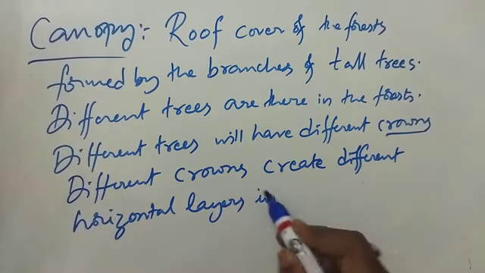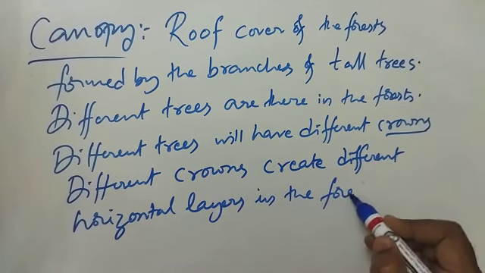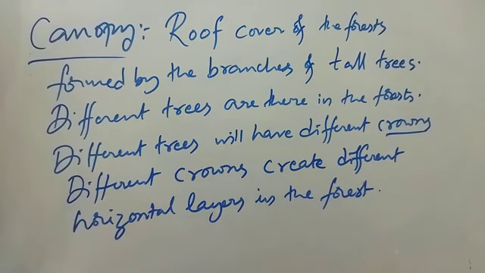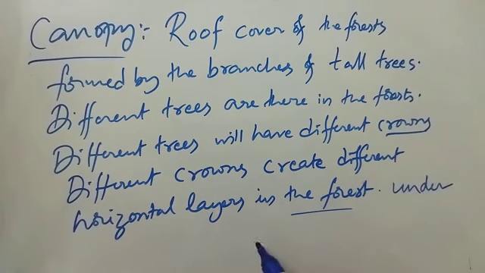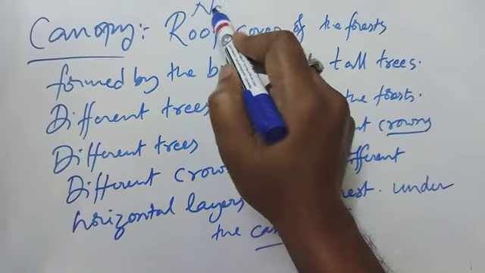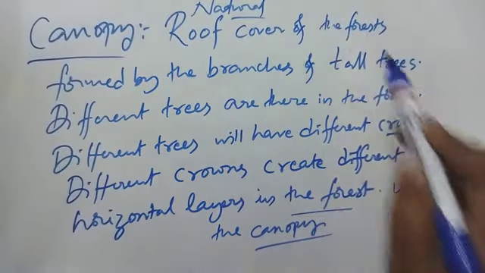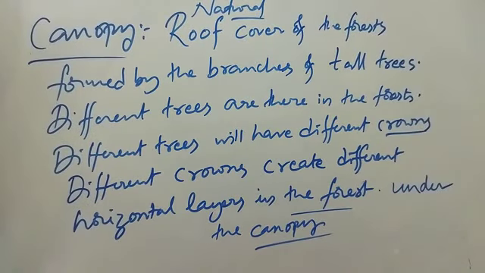What is canopy? The natural roof cover made by the branches of the tall trees is the canopy. So under this canopy, different layers are formed by the different sized crowns of different trees.